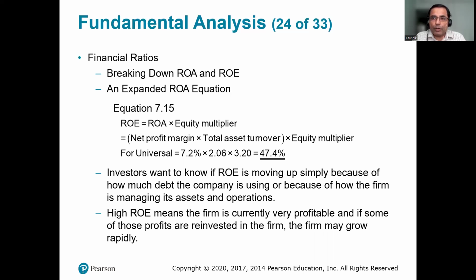Is it the company doing better business? Is it the company running its operations efficiently? Or is it that the company has assumed more debt, which is magnifying the profits? Because in a previous chapter, we noticed how financial leverage tends to magnify both the profit as well as the loss. So we can find out which factor is contributing more to the profitability.